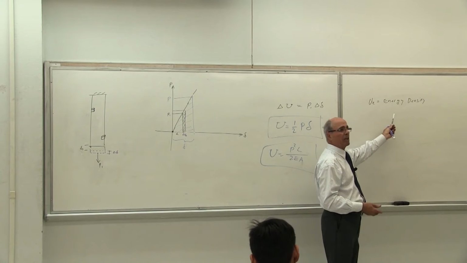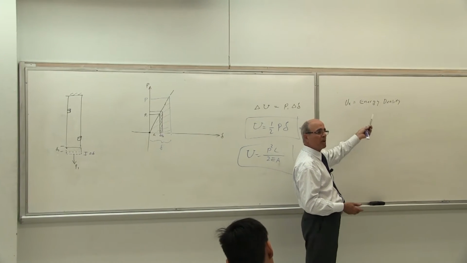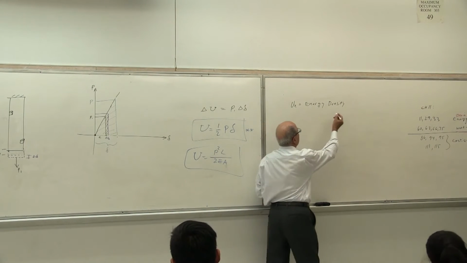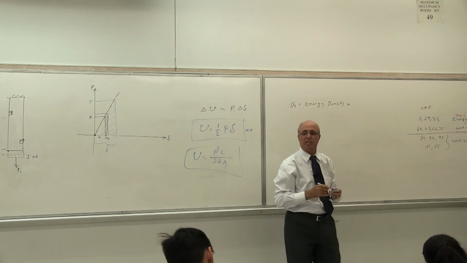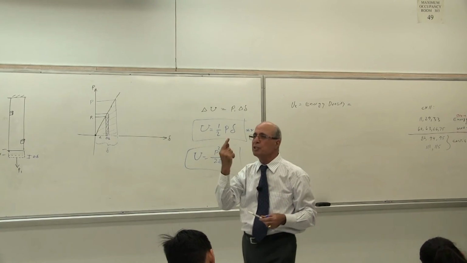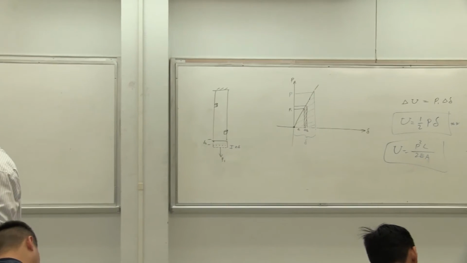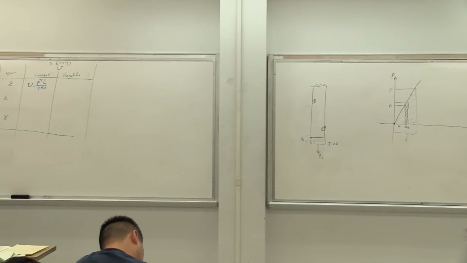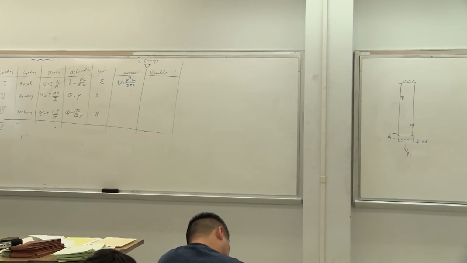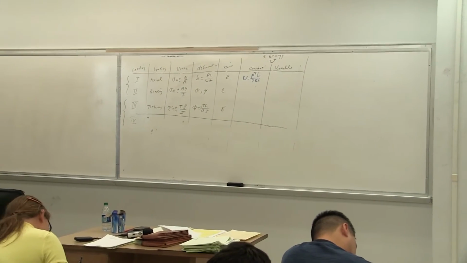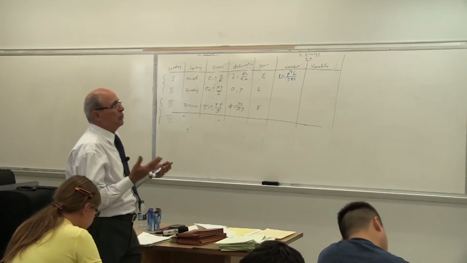Now I'm calling energy density, which is similar. Write it down: energy density is the amount of energy stored in 1 unit of volume. Because it's not epsilon, this is energy, and energy depends on the volume. I cannot have a flat plate and have energy. I must have a volume.